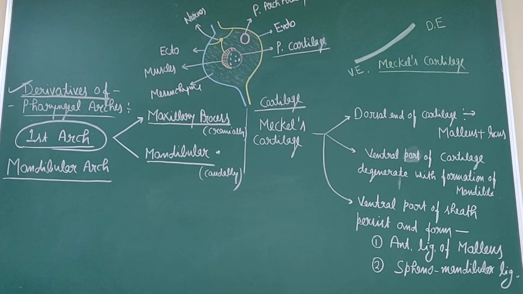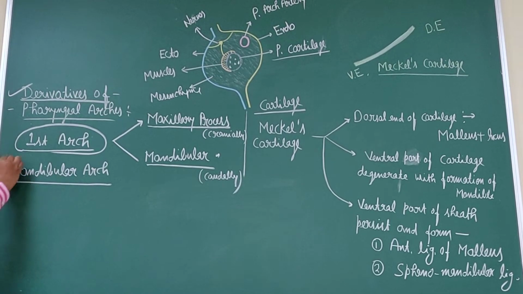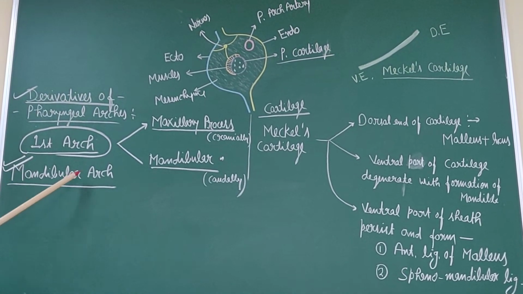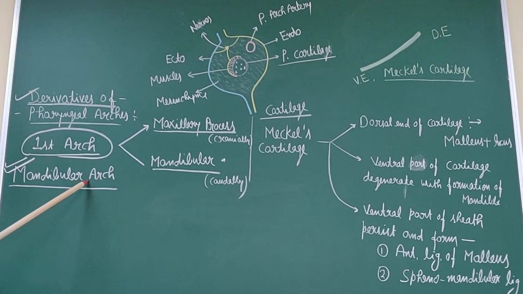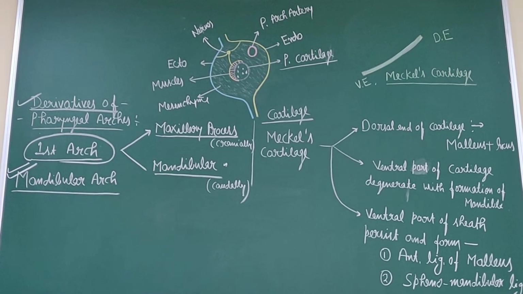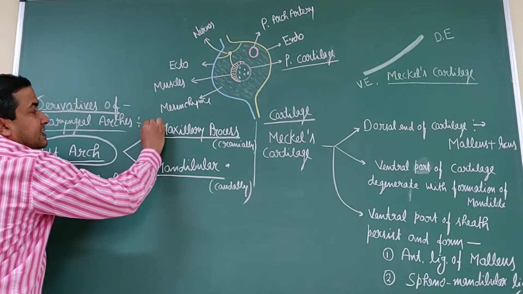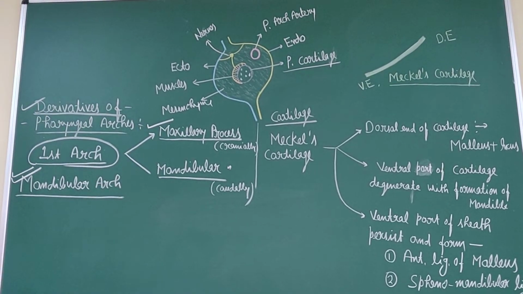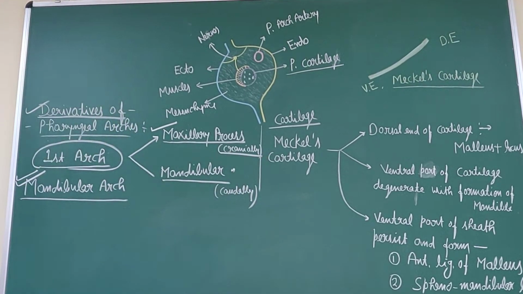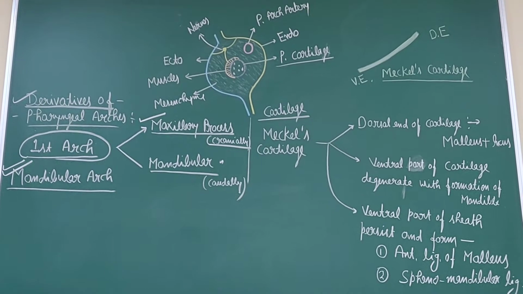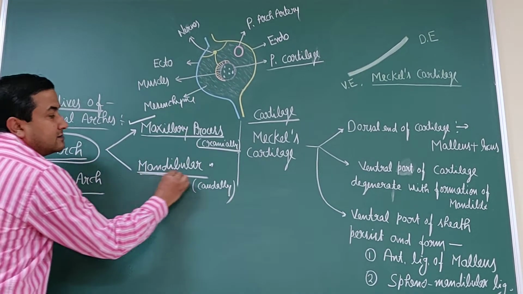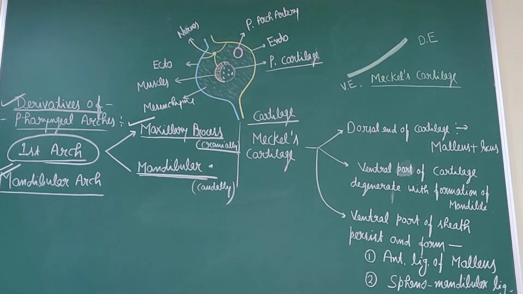In human beings, the first arch is known as the mandibular arch. This arch forms two swellings or two processes. The maxillary process is situated cranially. We will see it in the diagram. Then the caudal part is the mandibular process.